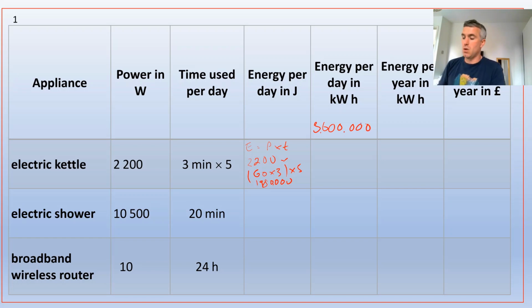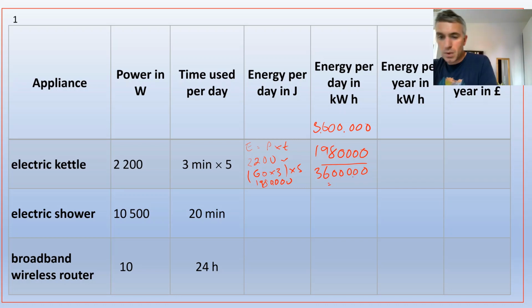So if we take the previous answer, 1.98 million, divided by 3.6 million, that gives us 0.55 kilowatt hours.